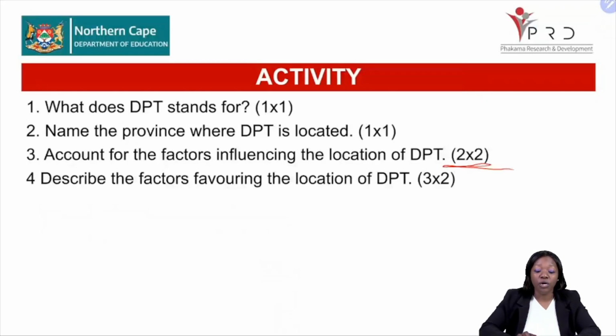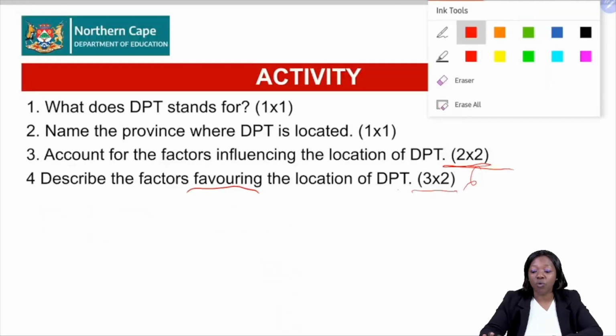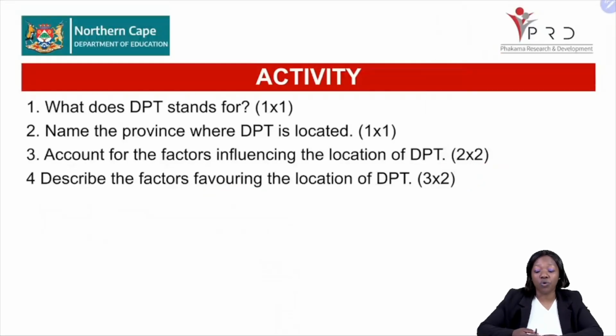Then number 4, you describe the factors that favor the location of PDT, 3 times 2. 3 responses that will give you the total of 6 marks. So I'm going to give you 7 minutes to answer these 4 questions, and then after 7 minutes, we will proceed to your corrections.